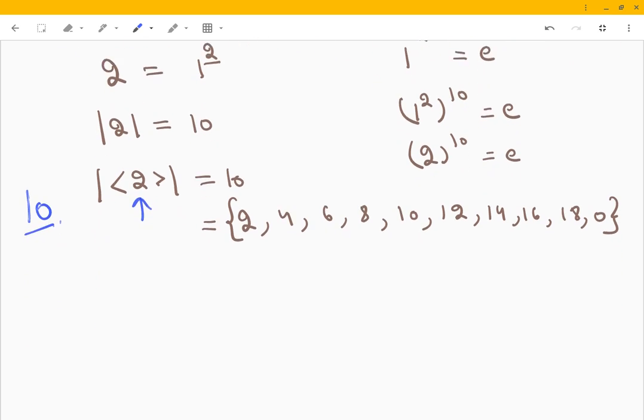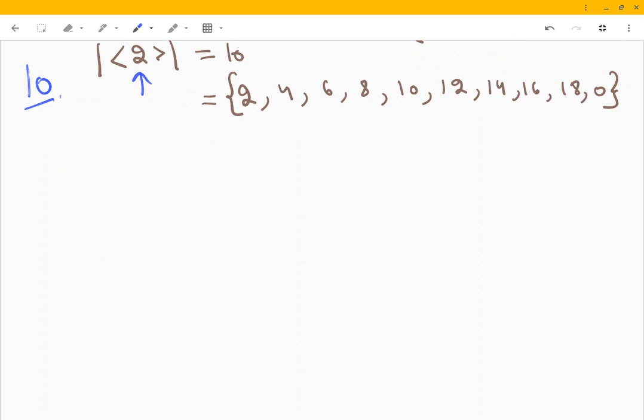Okay, now another important concept coming up. What is the order of this group? Sorry, what is the order of 2? It's 10.